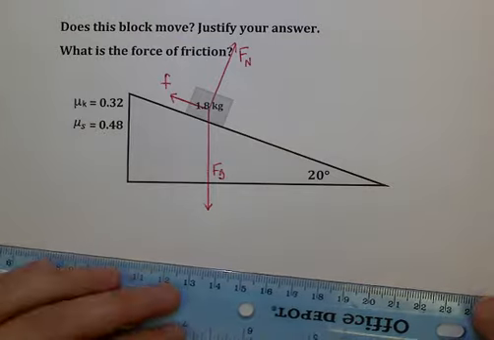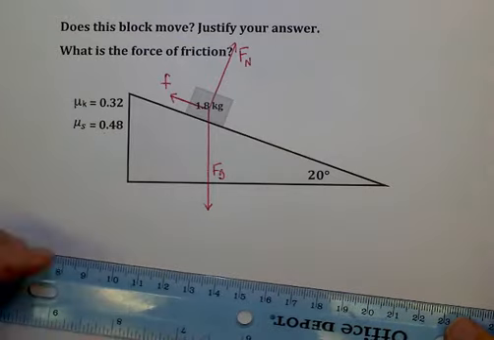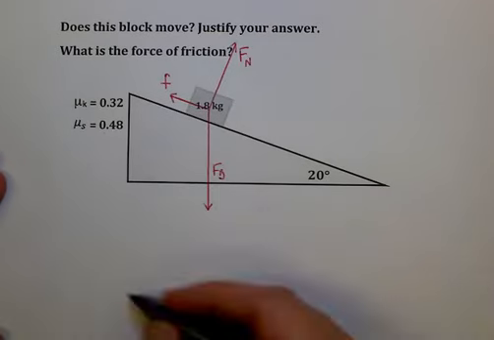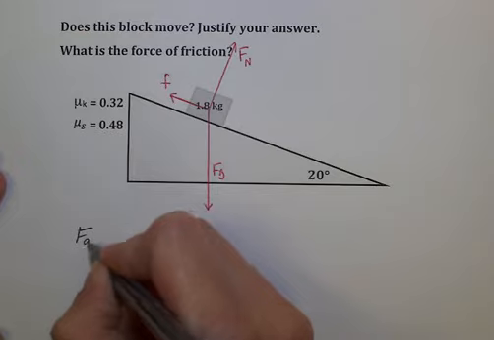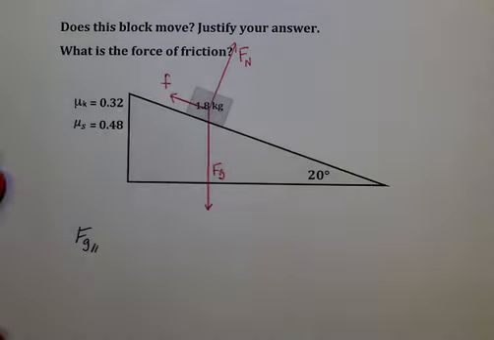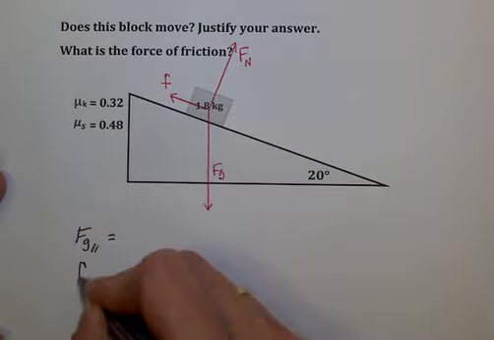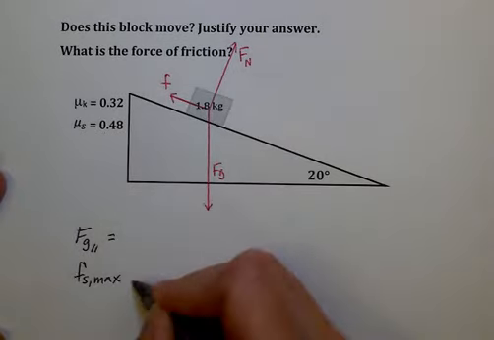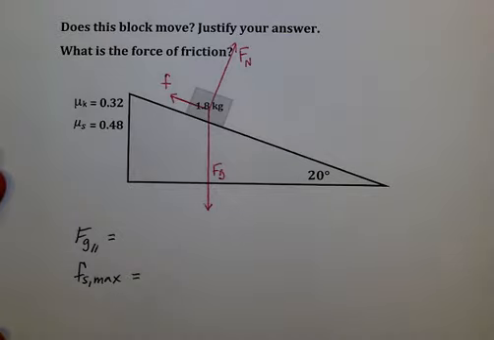In order to figure out whether F is kinetic or static, I need to determine what the value of the parallel force is due to gravity and what the maximum value of static friction is. And these are the two numbers that I'm going to compare to decide whether the block actually moves.